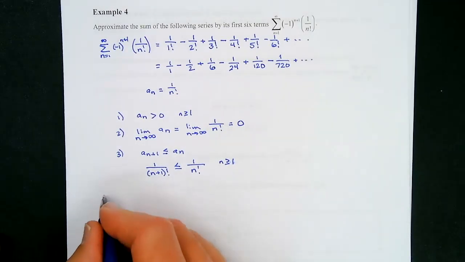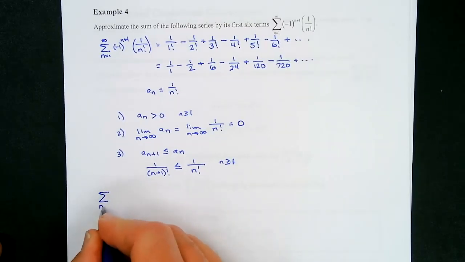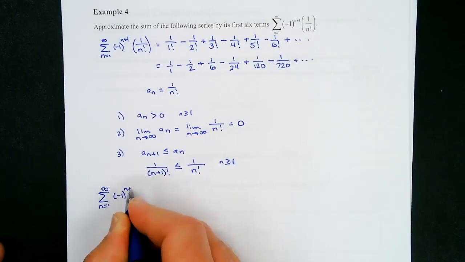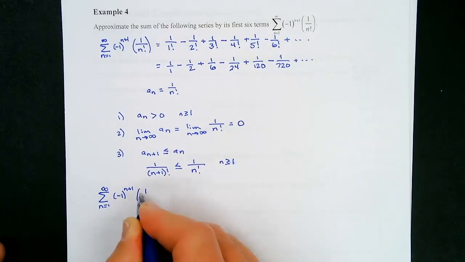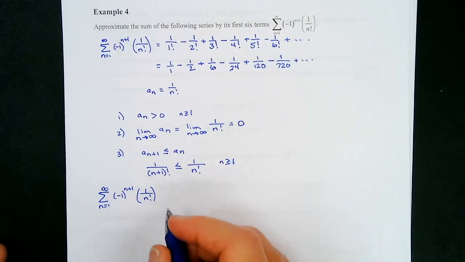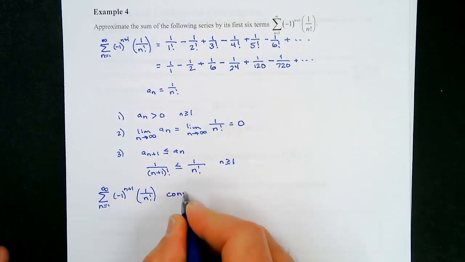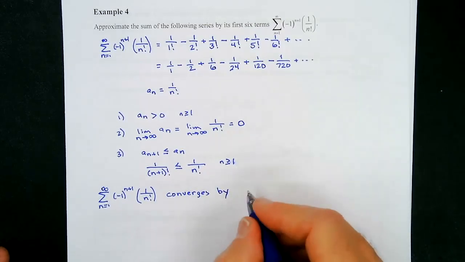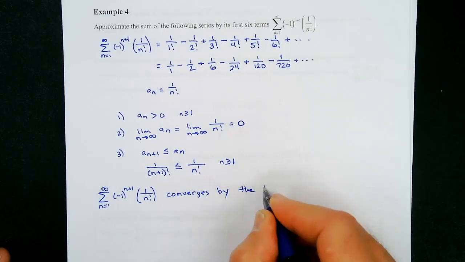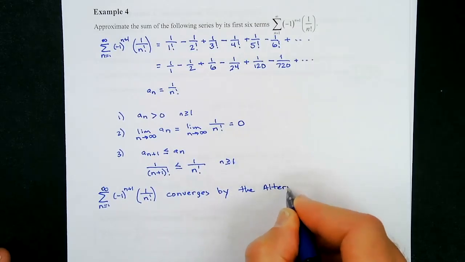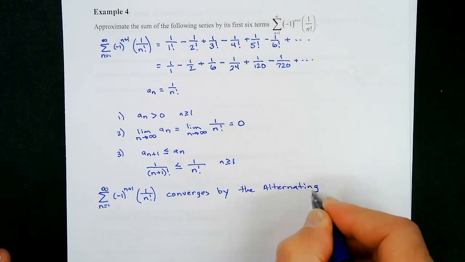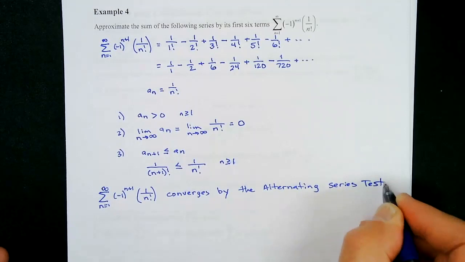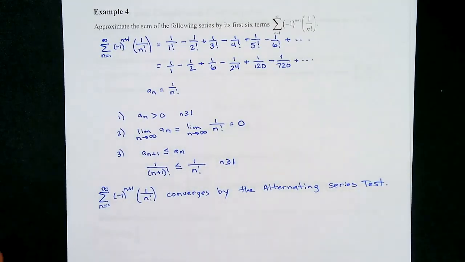So what we know is that the sum from n equals 1 to infinity of (-1) raised to the n plus 1 power times 1 over n factorial converges by the alternating series test. Okay, so we know it converges.